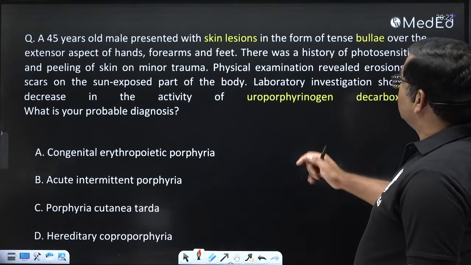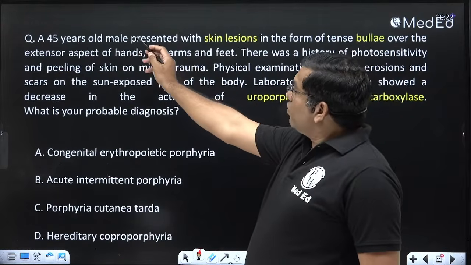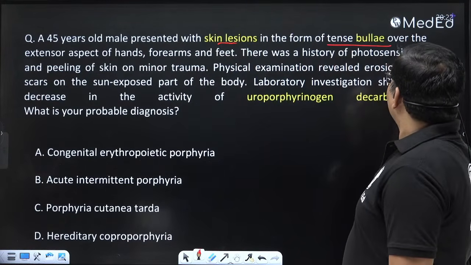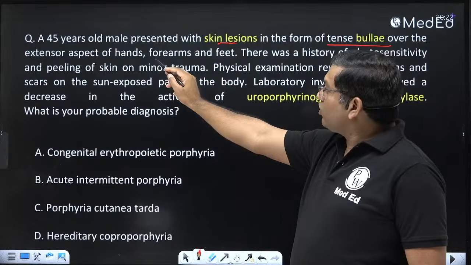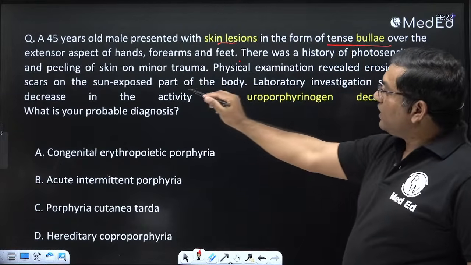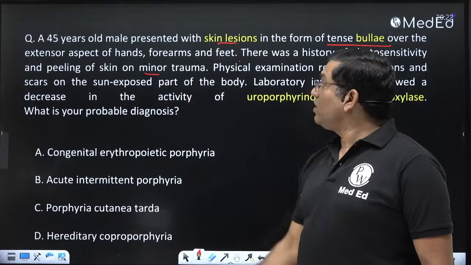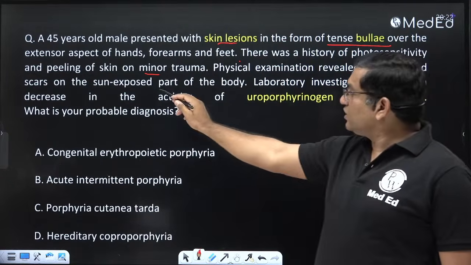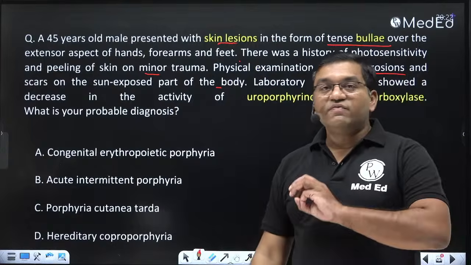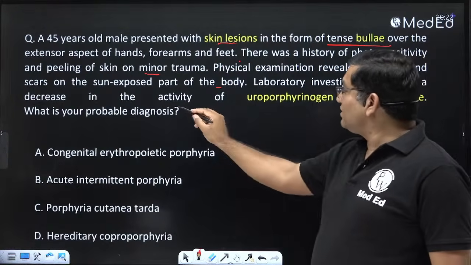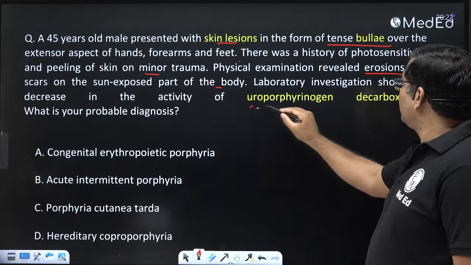Now see, a 45-year-old male presented with skin lesions in the form of tense bullae over the extensor aspect of hands, forearm and feet. There was a history of photosensitivity and peeling of skin on minor trauma. Physical examination revealed erosions and scars on sun exposed parts of the body. Laboratory investigation showed a decrease in the activity of uroporphyrinogen decarboxylase.